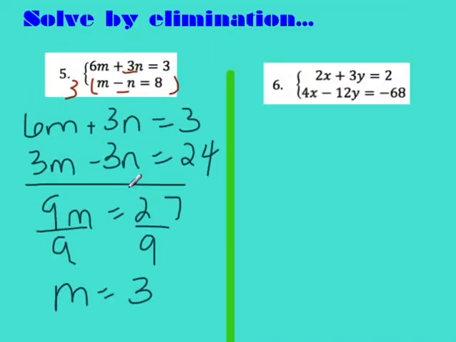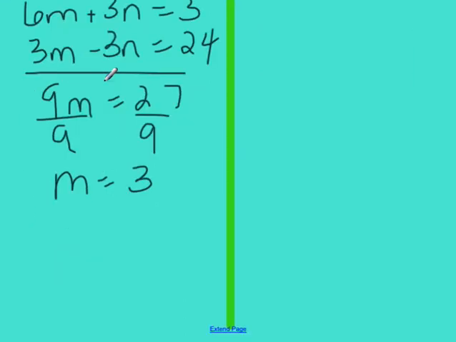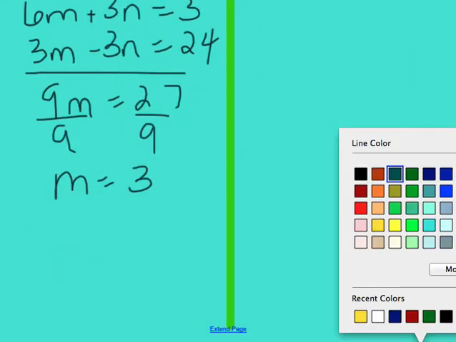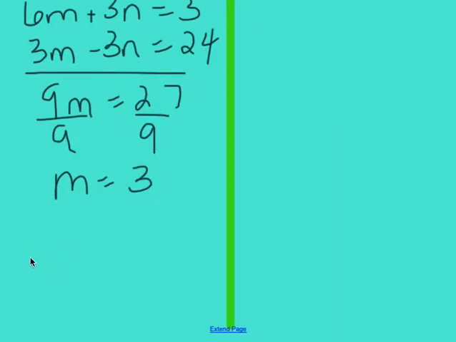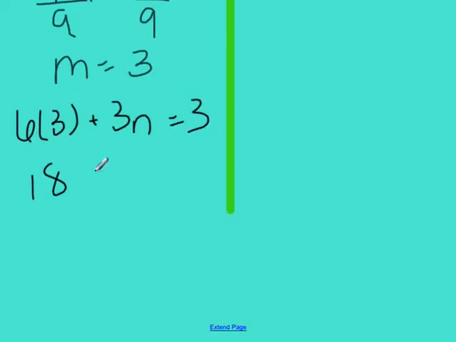So now I know that m is equal to 3. I'm going to plug it into this top equation up here. Again, it doesn't matter which one you choose to plug it into. So I'm going to take out my m and put 3 in instead. Plus 3n is equal to 3. So 3 times 6 is 18, plus 3n is equal to 3.